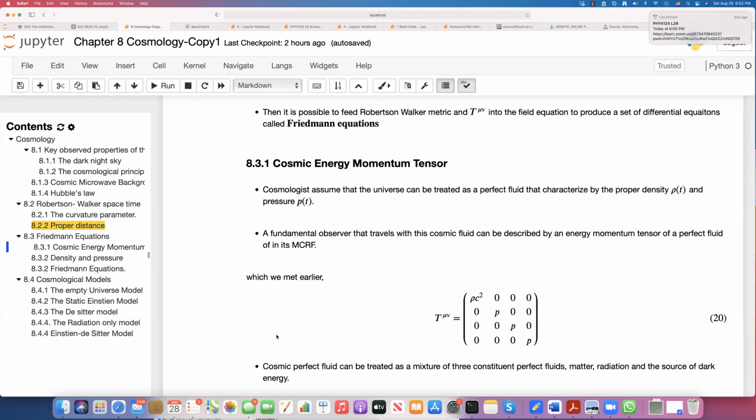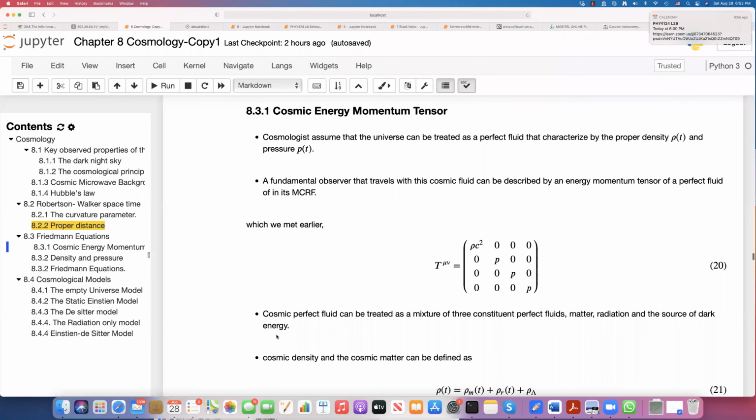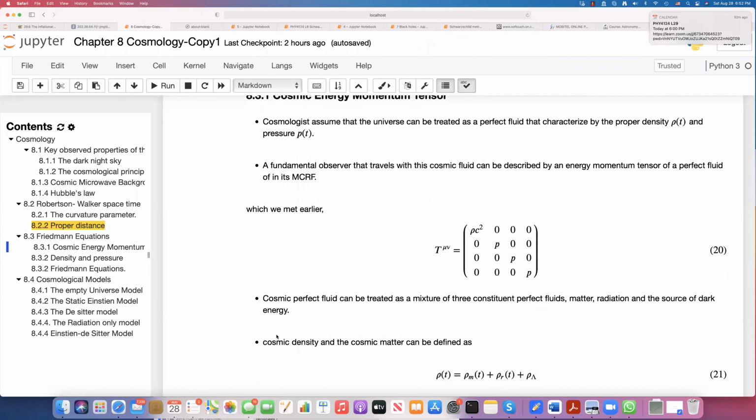And then in this particular situation, according to the knowledge that we have now, this cosmic fluid can be treated as a mixture of three components, right? And those three components are matter, radiation, and the source of dark energy. So those are the three main components that we believe this perfect fluid consists of, right?